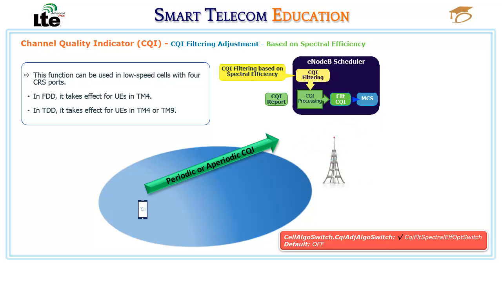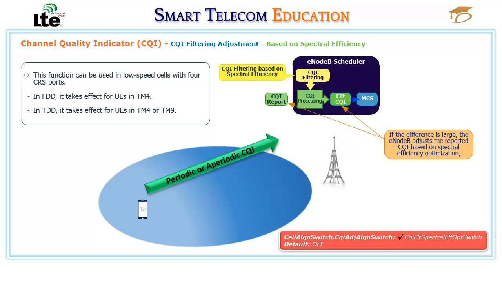If this option is deselected, each time the eNodeB receives a CQI value from a UE, it directly applies filtering to the reported CQI and the previous filtered CQI. If this option is selected, each time the eNodeB receives a CQI value from a UE, it determines the difference between the reported CQI and the previous filtered CQI.